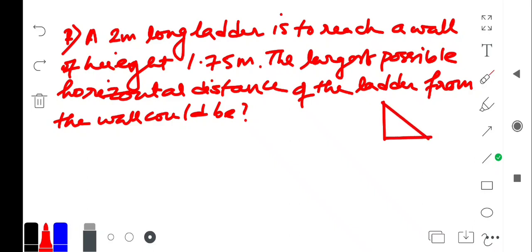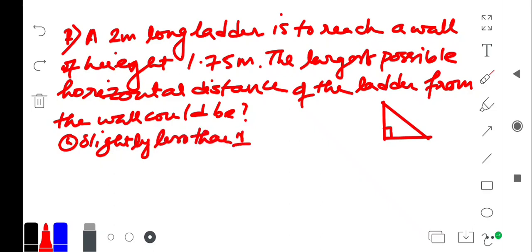The options are: option A, slightly less than 1; option B, 1 meter; option C, 1.2 meter.